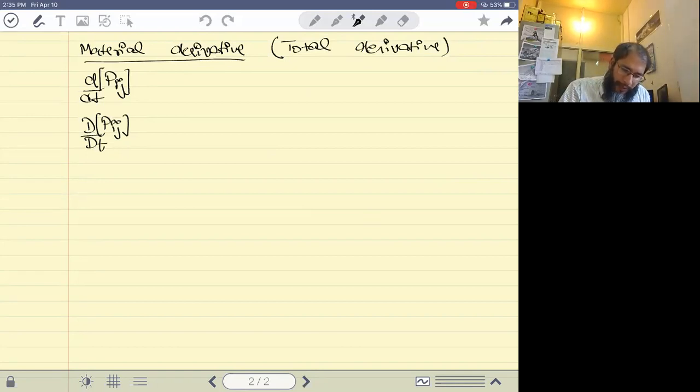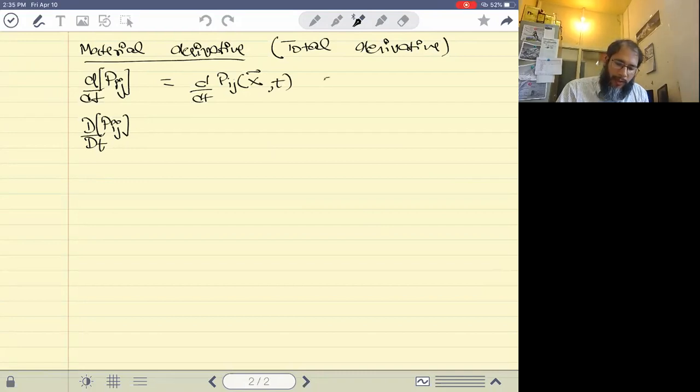We can write this material derivative of P. Let us say P is given in the material or the Lagrangian coordinate system. So we specify P in terms of capital X and t, where capital X denotes the material or Lagrangian coordinate system.